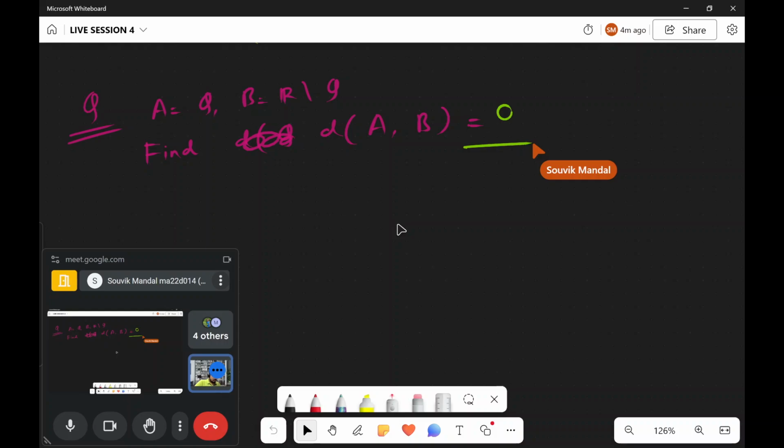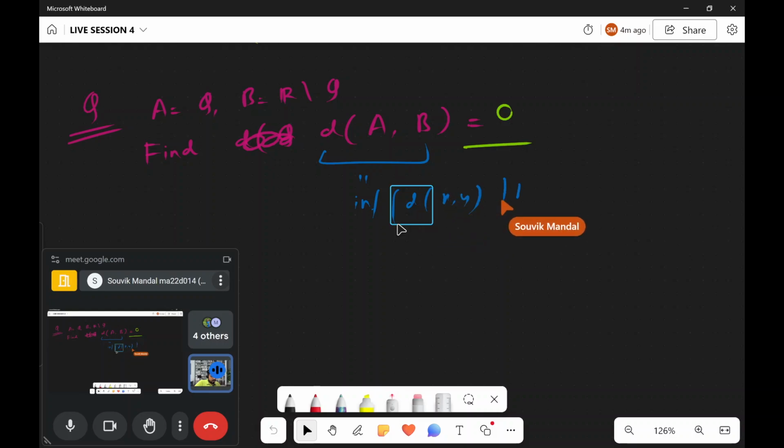Yes, sir. So the point is that d of A comma B is defined as the infimum of the distance between points of A comma B, correct? It is not of the form infimum of d of a comma x.